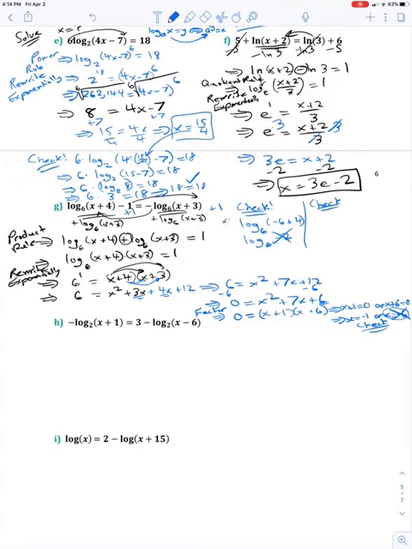Now if we plug in negative 1, checking negative 6 didn't work, but if you check negative 1, we're okay. We get log base 6 of (negative 1 plus 4) minus 1 equal to negative log base 6 of (negative 1 plus 3). As we simplify that, that's log base 6 of 3 minus 1 equal to negative log base 6 of 2.